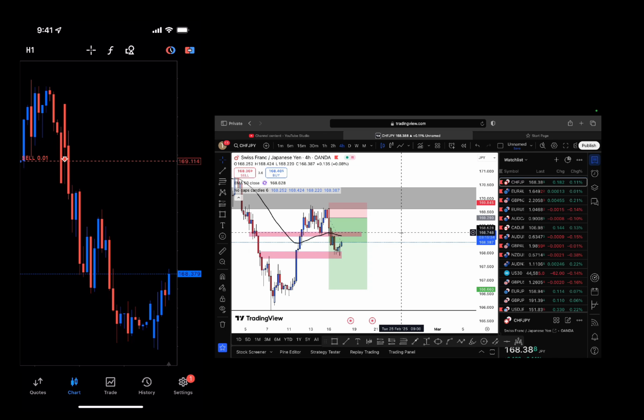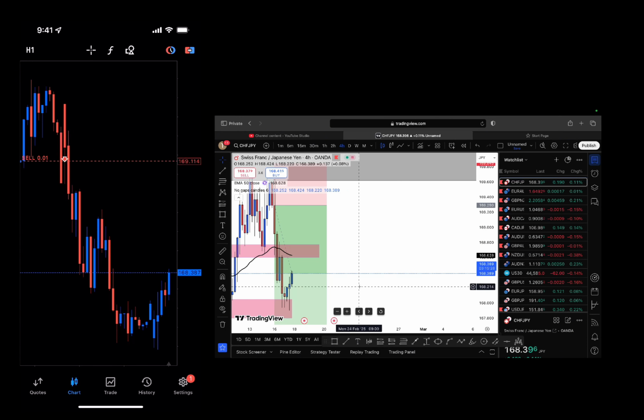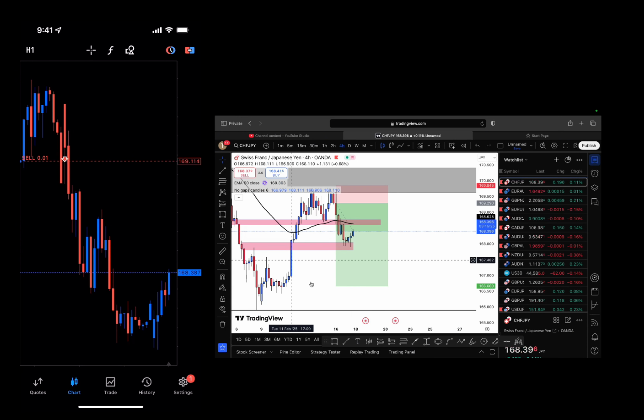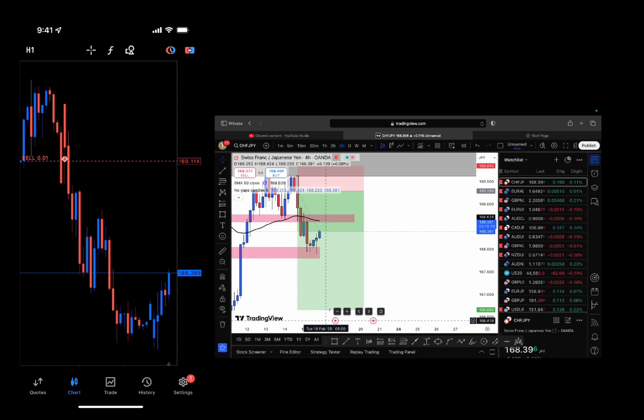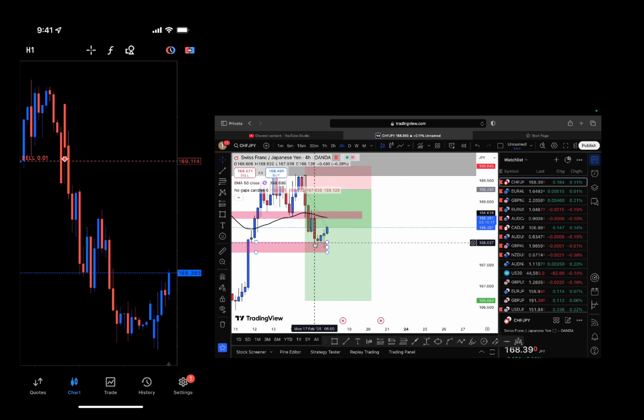All right, y'all. So quick update on CHFJPY. As you guys could see, we ran into a level of support at this area right here. So the market created a doji and created a bit of a push to the upside of this structure of support right here.